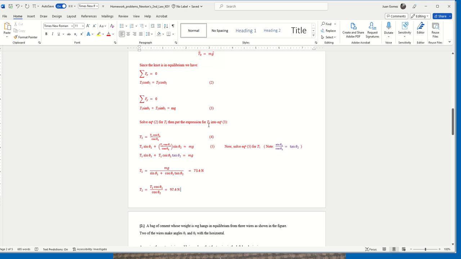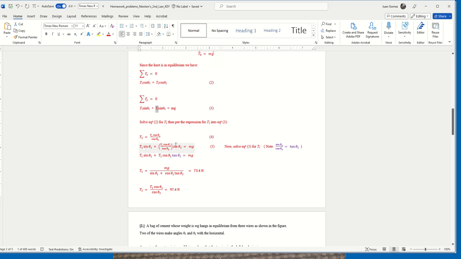And this is a very common technique where we have equations 2 and 3, two equations and two unknowns. So solve equation 2 for T2, and plug the algebraic expression you get for T2 into equation 3.